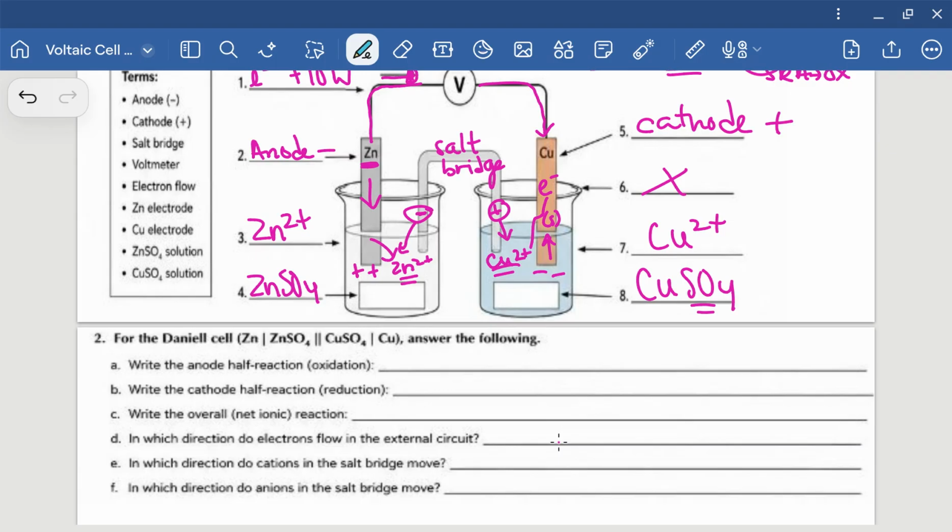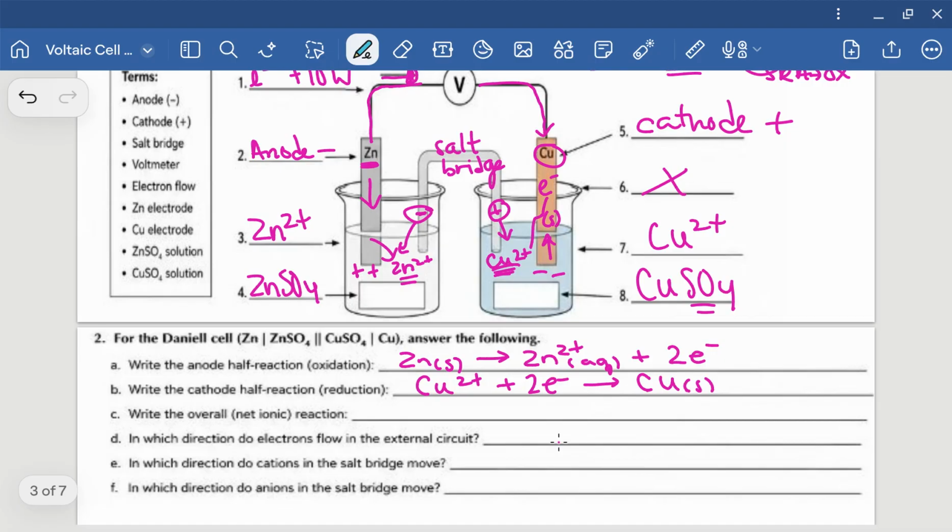Now, if we write down a few more things, which we've just talked about, the reaction that's happening at the anode is your zinc solid breaks apart into zinc ions, which go into solution because they're aqueous, and electrons. So just to balance out our charges, you would need 2. At the cathode, you have those copper ions in the solution gaining 2 electrons to make copper solid, and that's why we're adding mass to that electrode.